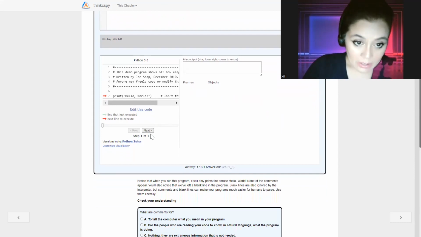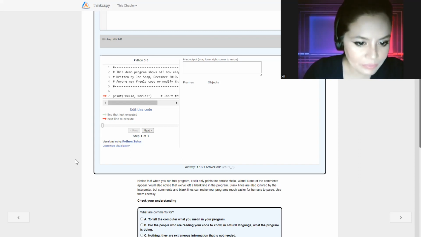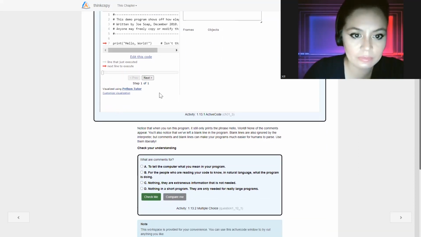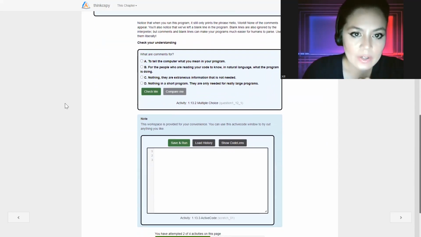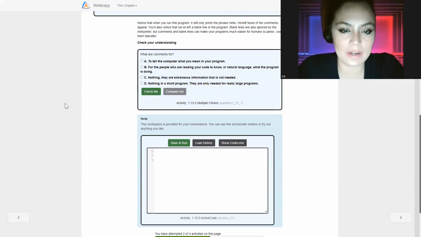However, Python only recognizes one step on line 7. Notice that when you run this program, it still only prints the phrase hello world. None of the comments appear.